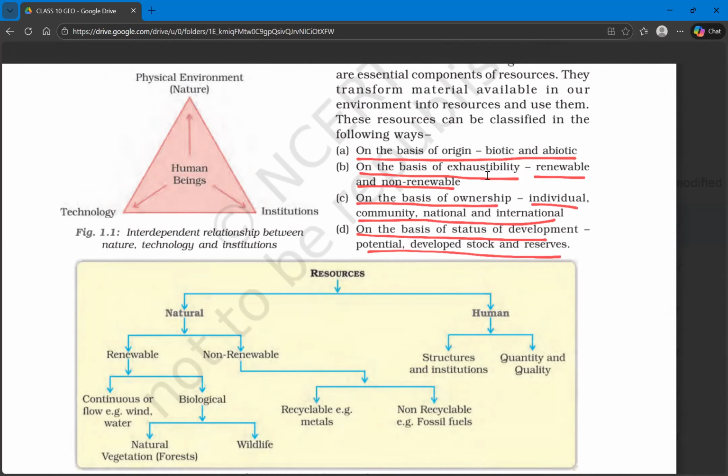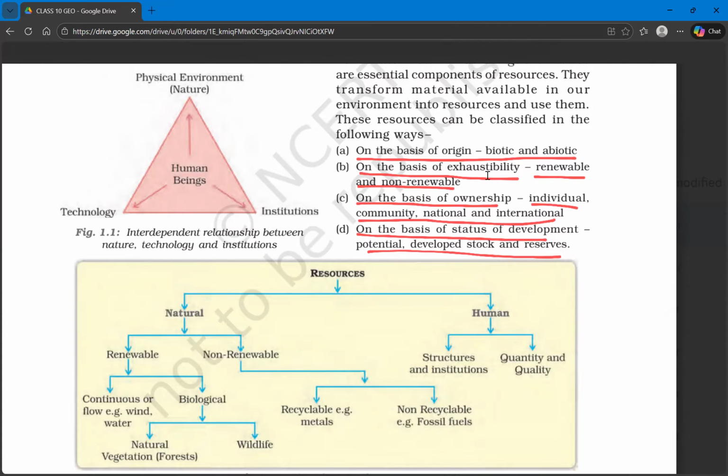On the basis of exhaustibility, we have renewable and non-renewable. Renewable means resources where there is reproduction of the energy. For example, solar energy is renewable because we get sunlight, and with that sunlight we can produce solar energy, and it can be reproduced. So that is called renewable.